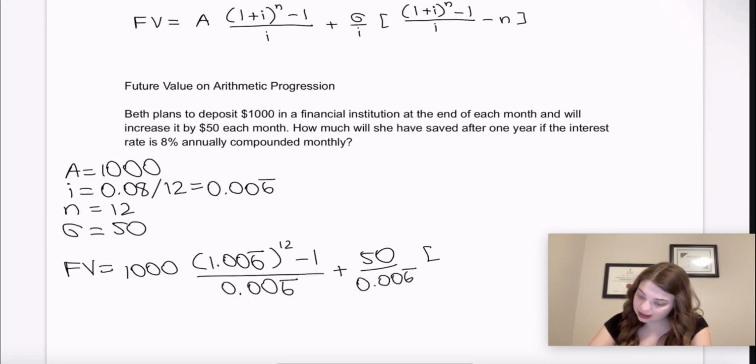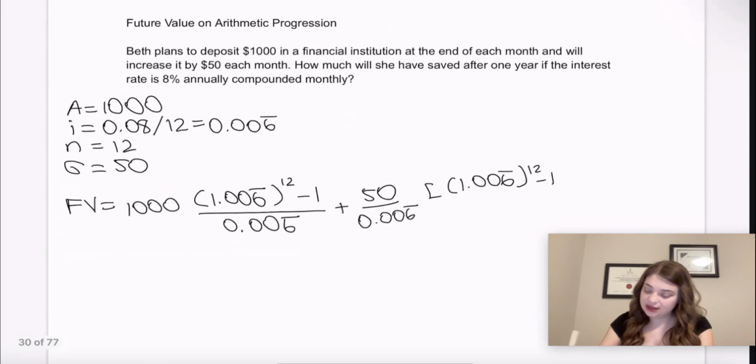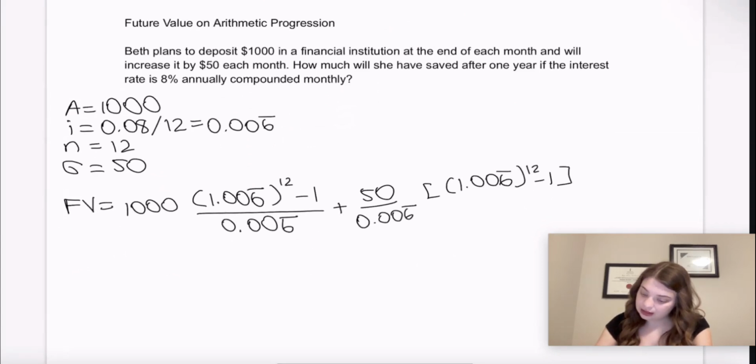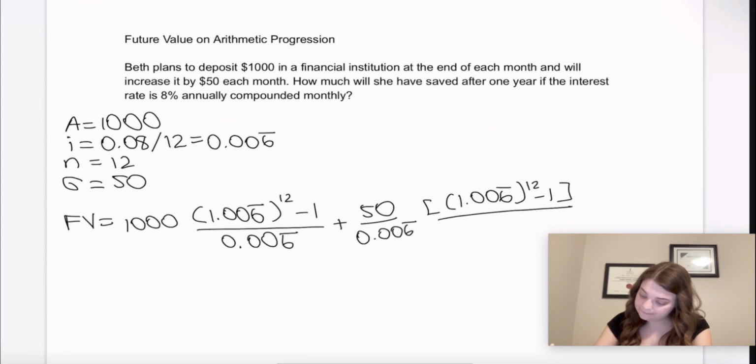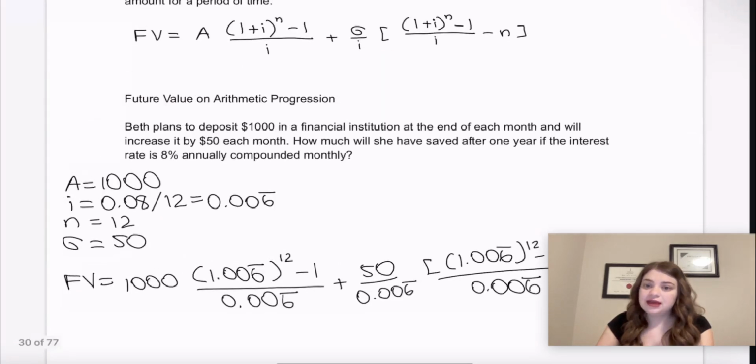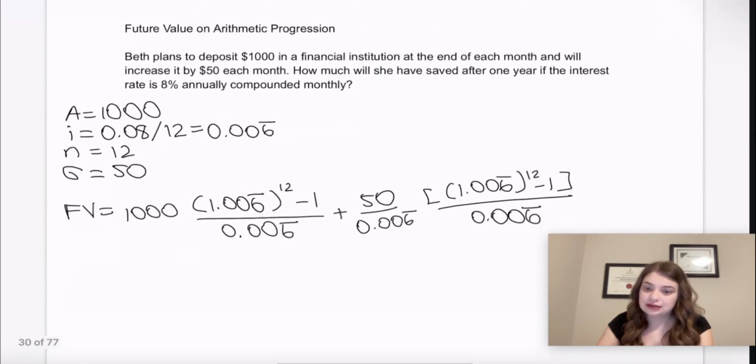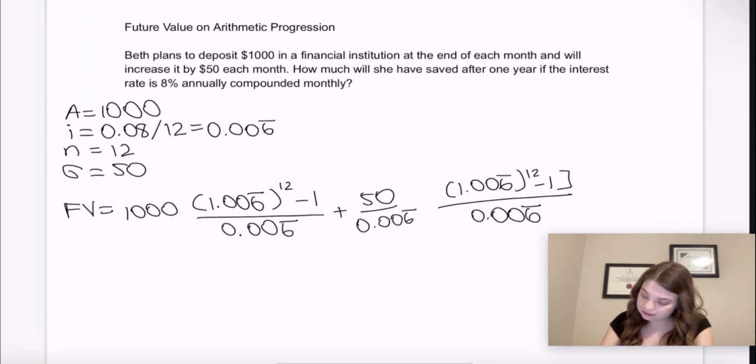And then here we have 1 plus I to the power n again, so 1.006 repeating to the power of 12 minus 1, and then over I, which is 0.006 repeating, and then minus n, which is 12. And so there we go.